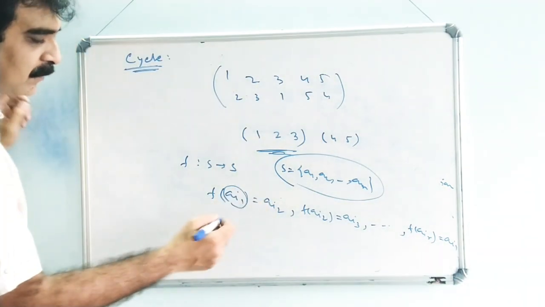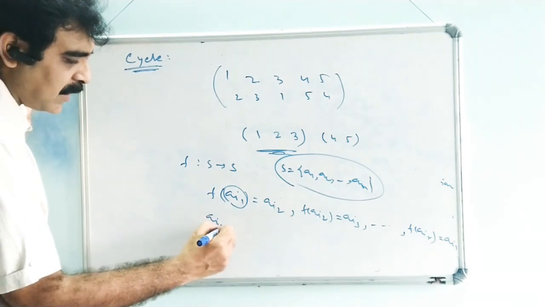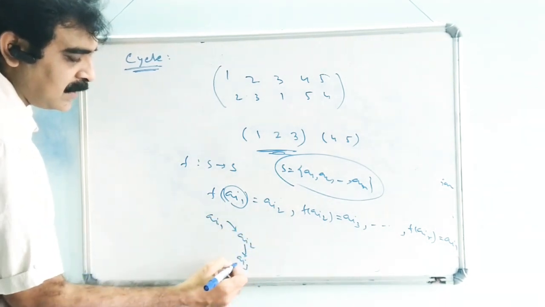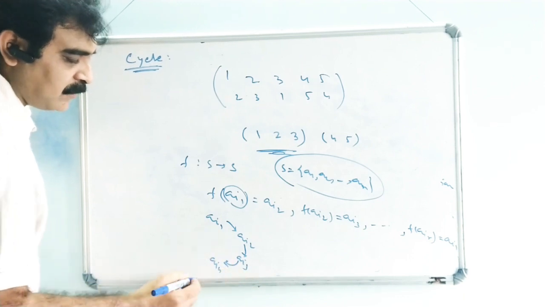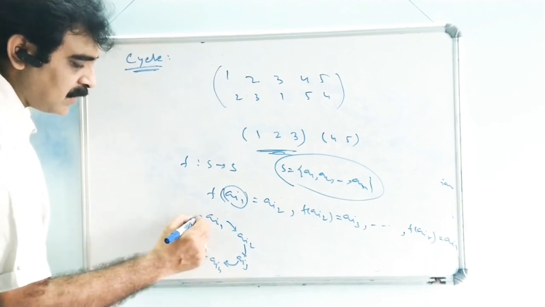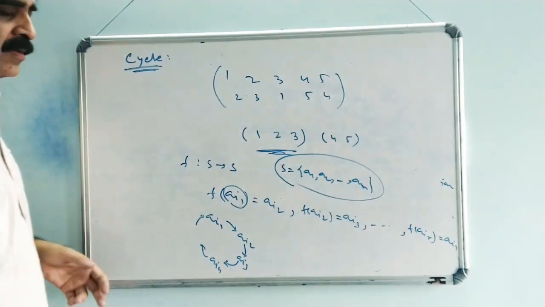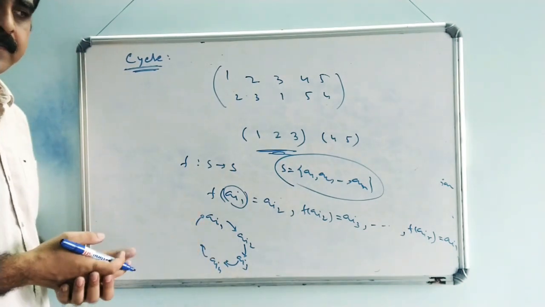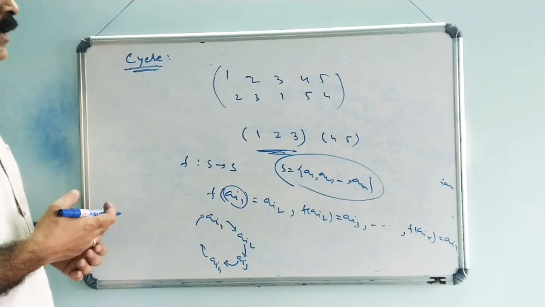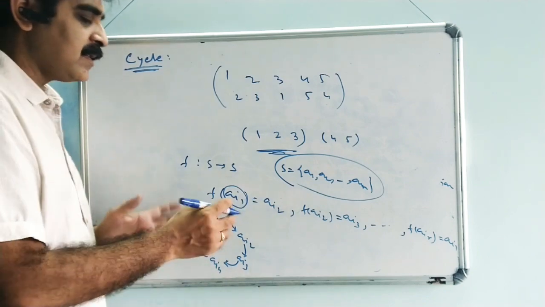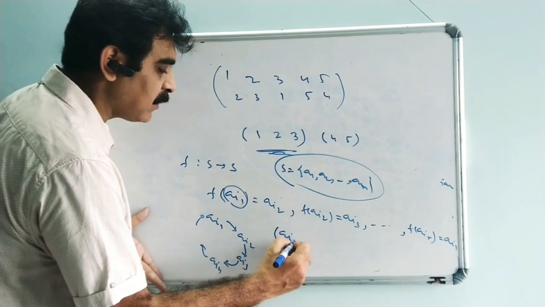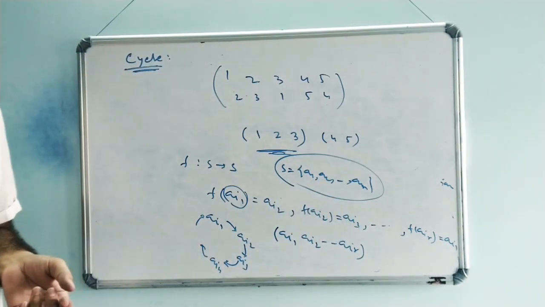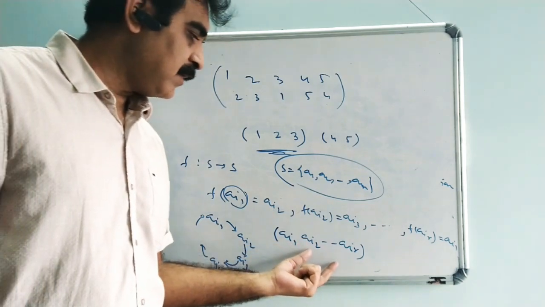Then Ai1 goes to Ai2, Ai2 goes to Ai3, and after traveling some path, it again comes to Ai1. So this is a cycle, obviously. We denote the cycle by (Ai1, Ai2, ..., Air), writing the elements in brackets.